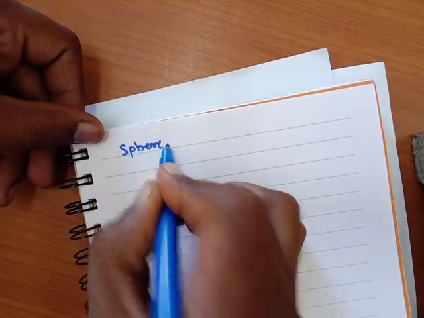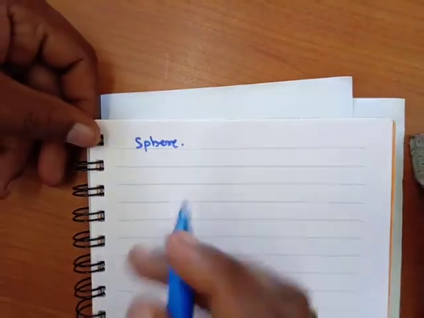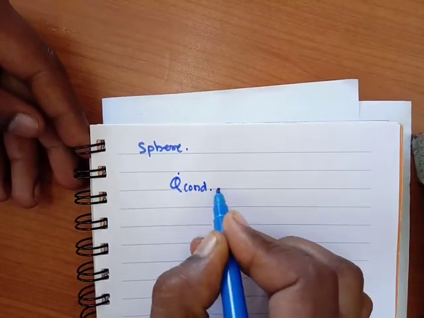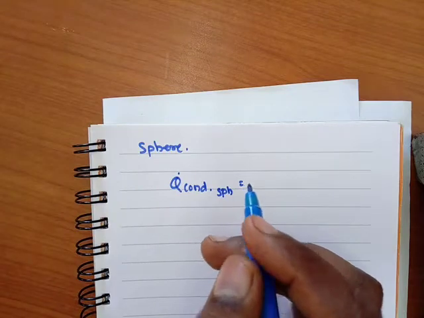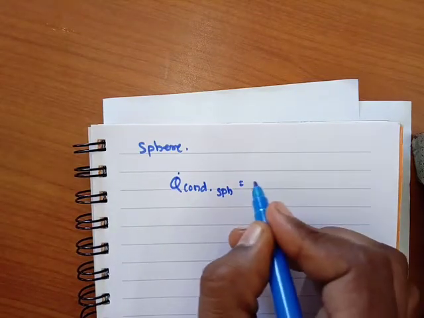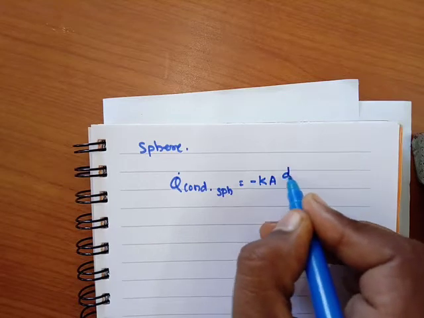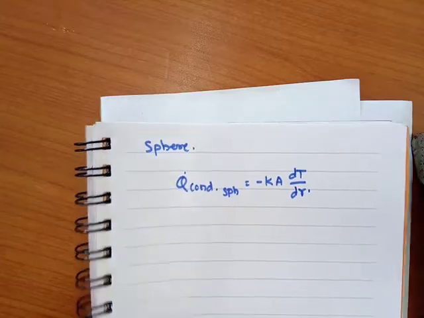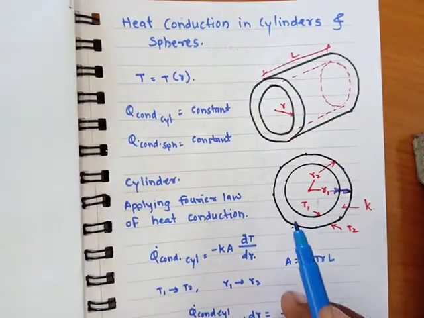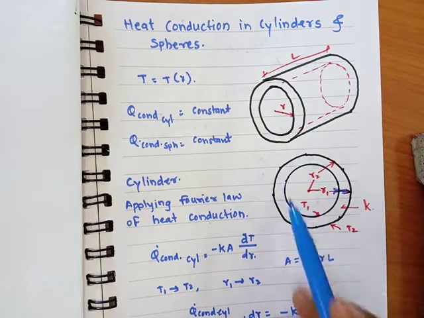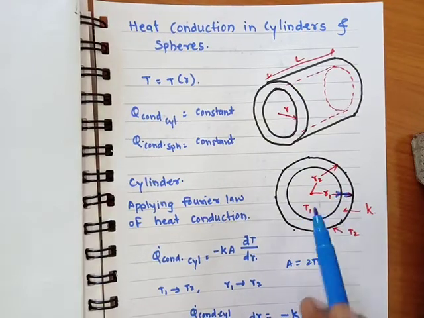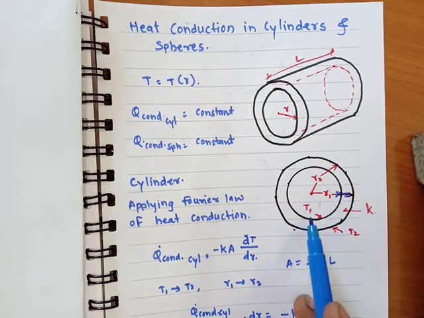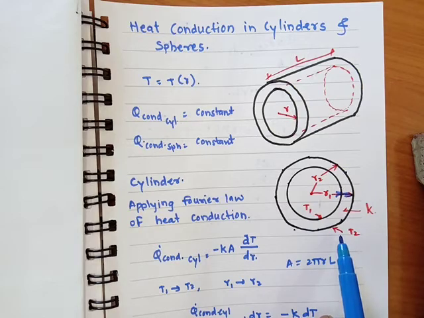For the sphere we'll consider the same Fourier law of heat conduction equation: Q conduction for sphere is equal to minus K A dT divided by dr. The figure for the sphere is also the same. If you consider this figure as a sphere, there is an internal radius and outer radius. The thermal conductivity of the material is K, the internal temperature is T1 and the outer temperature is T2.